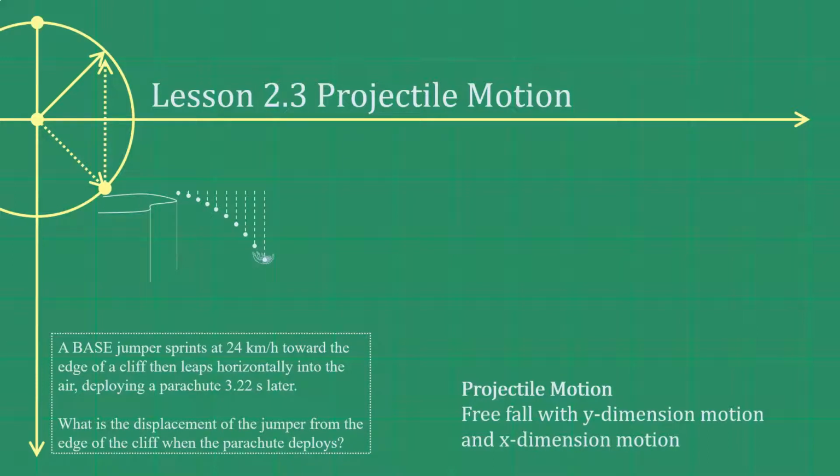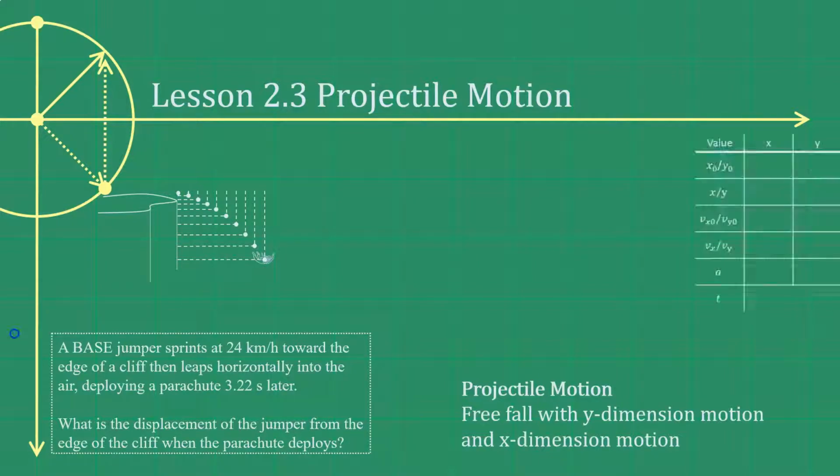There's a constant separation between these points in time. And then in the y dimension, we have acceleration happening. The points are spreading out for each time interval that goes by. And the time interval between these points is the same. So we see that the object is speeding up in the y dimension, moving at a constant speed in the x dimension, as we would expect for these types of problems.